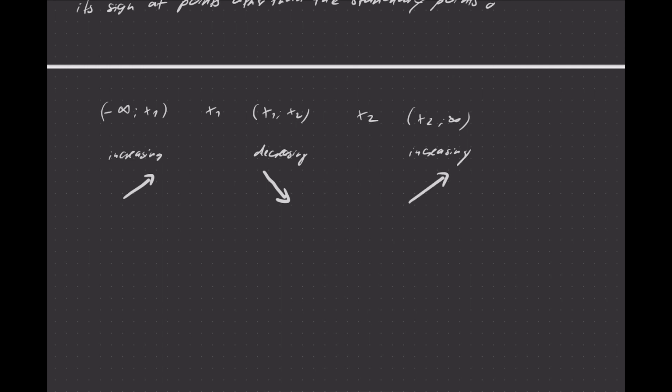What that means is if a function is increasing and then decreasing, of course, the point in the middle must be a local maximum. And if it's decreasing and then increasing, the point where it changes must be a local minimum. So these are the results that we infer here. So this is going to be a local maximum, and this is going to be a local minimum.